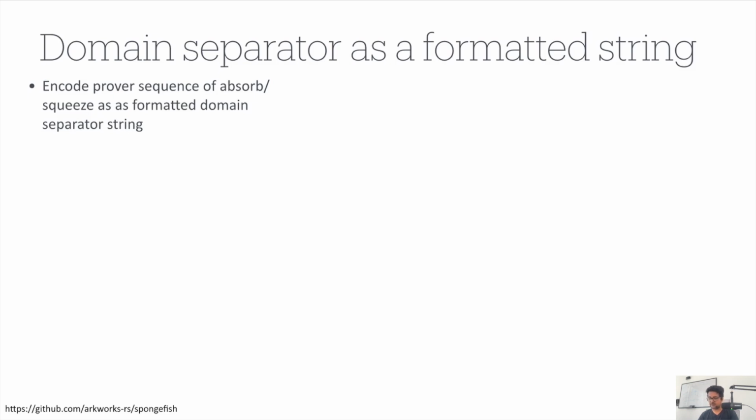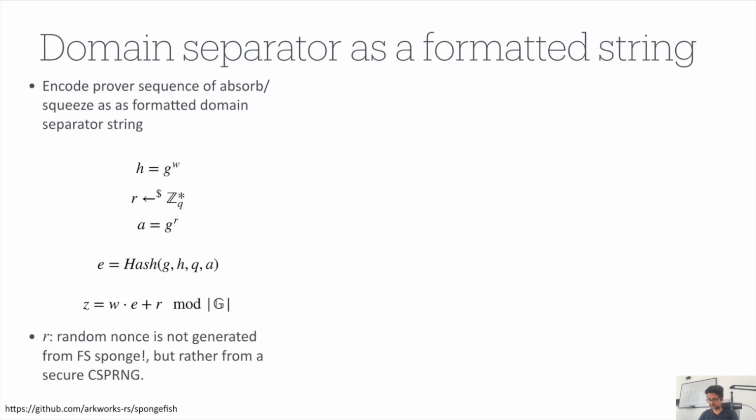Okay, so you can format the sequence of operations in a domain separator string. Here, for example, I have just laid out the sequence of operations in the Schnorr protocol for the prover. And as we spoke before, not all the randomness used in the protocol is generated from Fiat-Shamir.